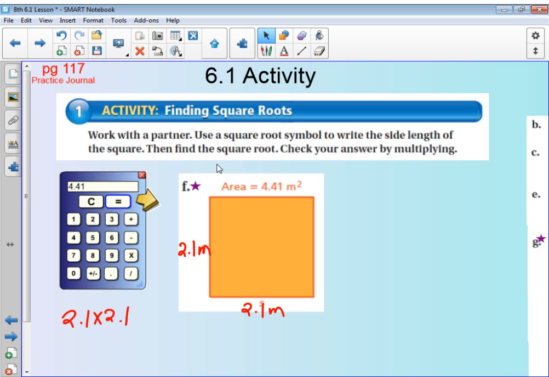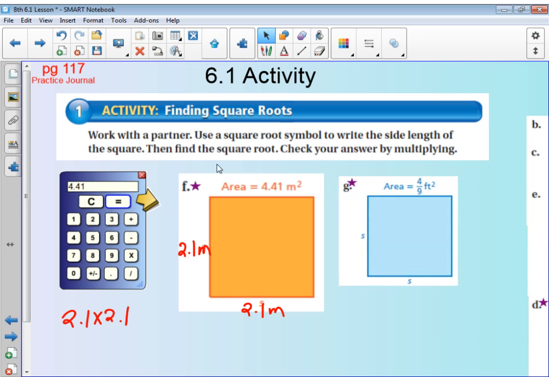Let's go ahead and do letter G together. Now this one, the area is set up in a fraction form. So let's remember that when we do numbers like this, we want to find the square root of that, or we can say what number times itself gives us 4 over what number times itself would give us 9.